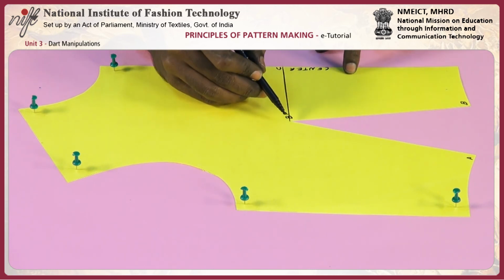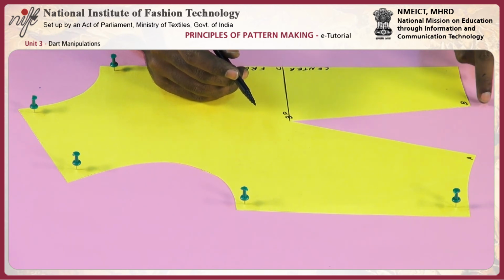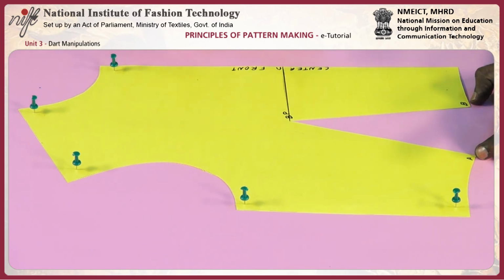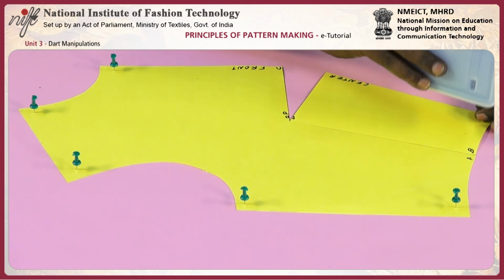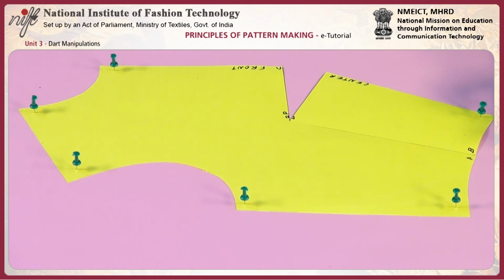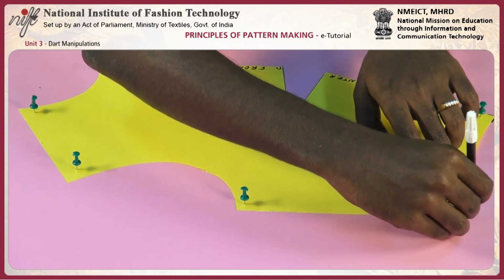Now pivot at the bust point and move B to A. By doing this, it will close the dot at the waist and open the dot at the center front. Pin it to secure. Now we have to trace the pattern. Draw the corners.